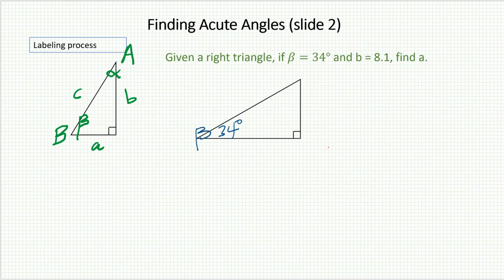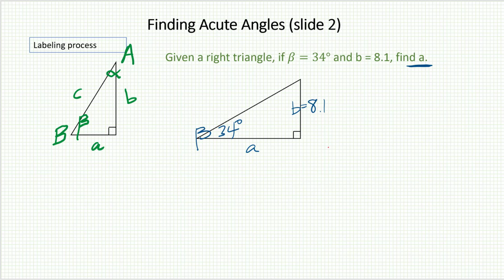I now have no choice where to put that in my picture. It's not the hypotenuse. I know it's one of the legs. It has to be the one opposite angle beta. Side B is always opposite angle beta. I want to find A. Well, I know that's not the hypotenuse. The hypotenuse is C. That means A must be here. Drawing a good picture in these problems is so helpful.